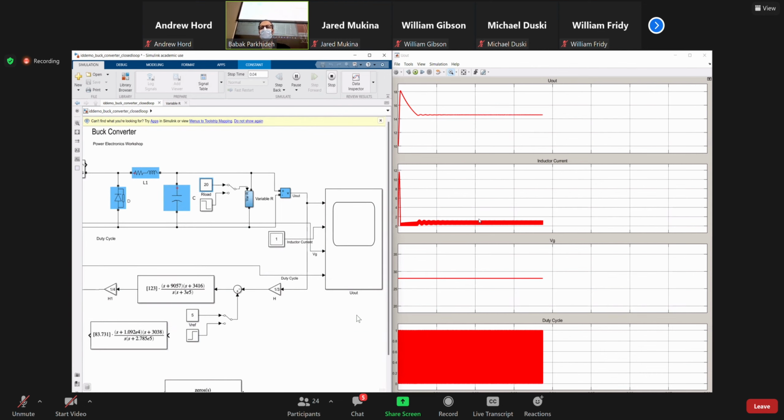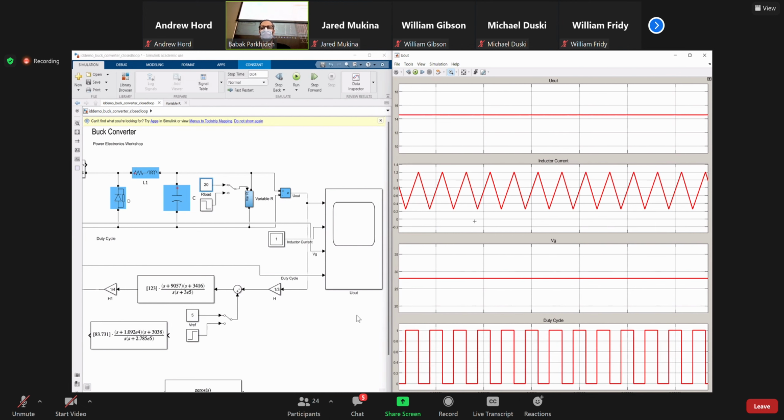So in boundary conduction mode, look at this, and the current is so low, right, that it doesn't matter. So we can assume it's 0, but you see the ripple is still the same, about 1 amp. Look at the voltage, still no change. So boundary conduction mode is like continuous conduction mode.